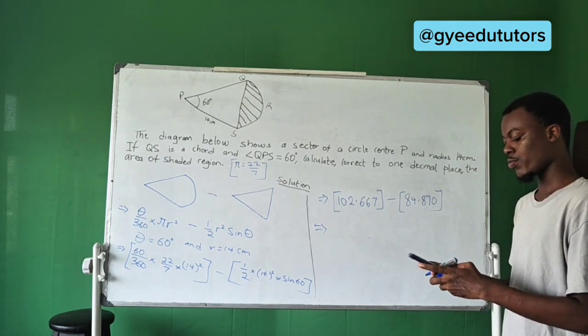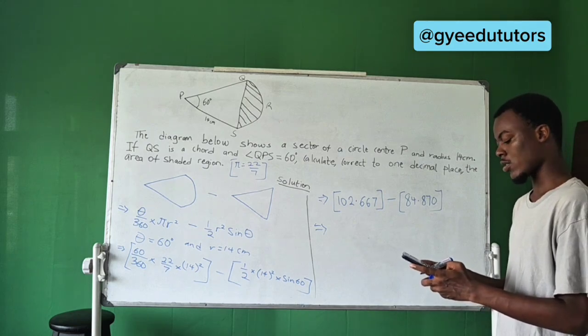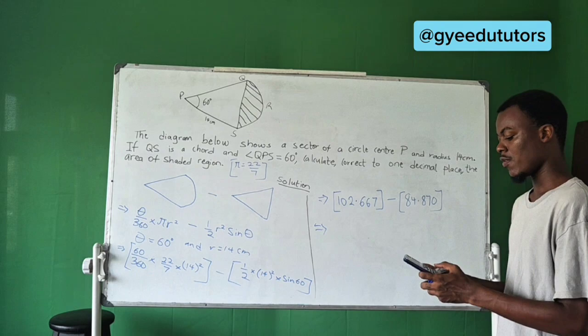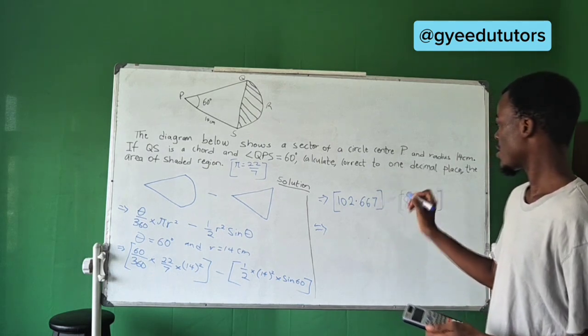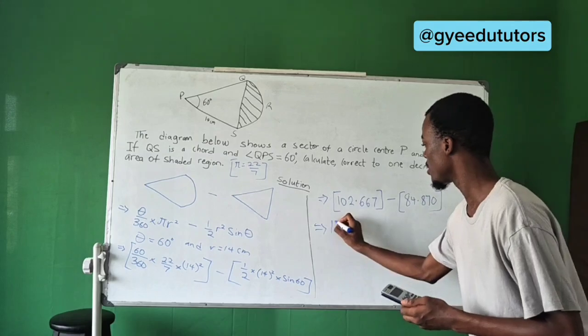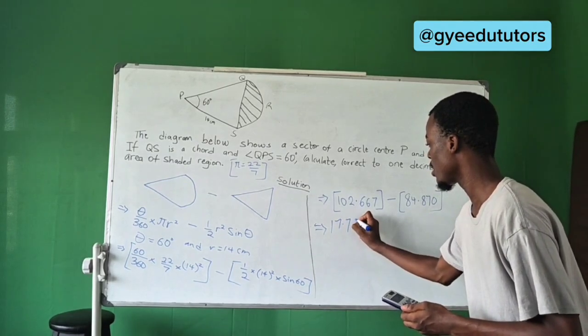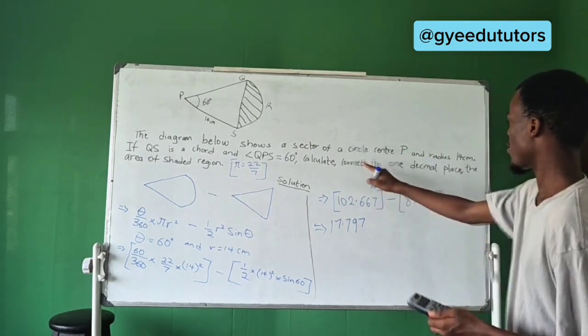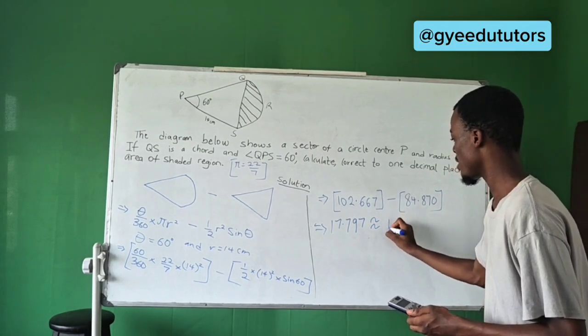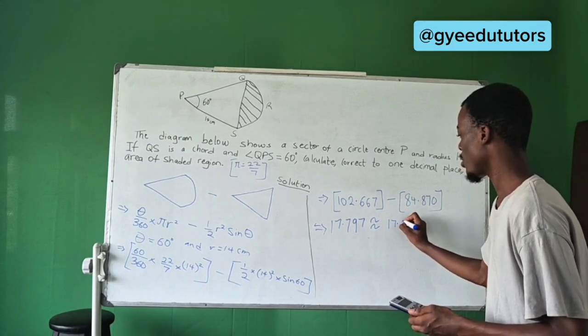Now when you subtract them from each other, what do you get? You get 102.667 minus 84.870, giving us 17.797. But the question says to 1 decimal place. So to 1 decimal place is 17.8.